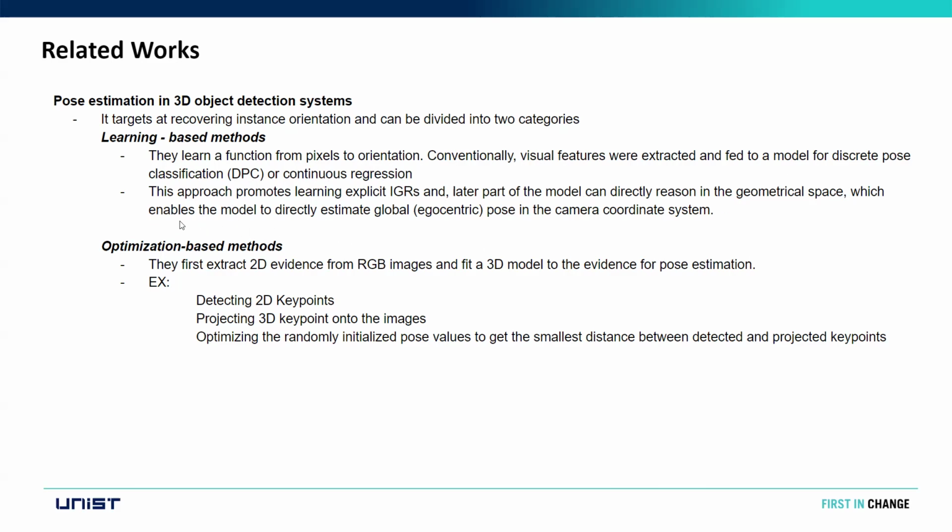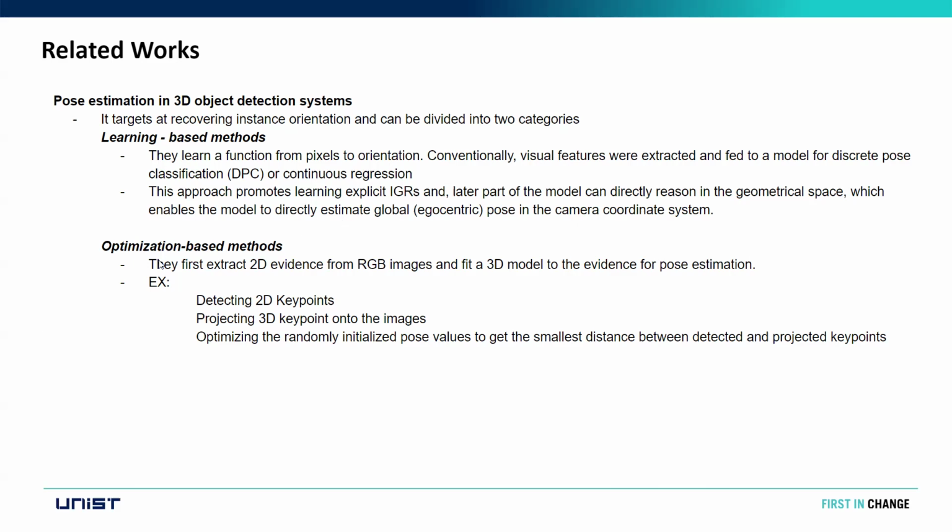But the method they propose in this paper promotes learning explicit IGRs. Later the model can reason in geometric space, which enables it to directly estimate global pose in the camera coordinate system. Okay, we will get back to this later.